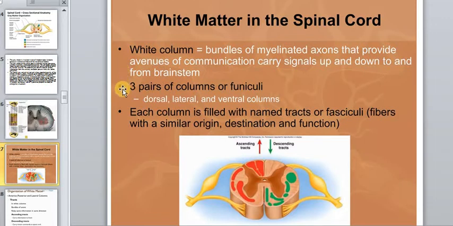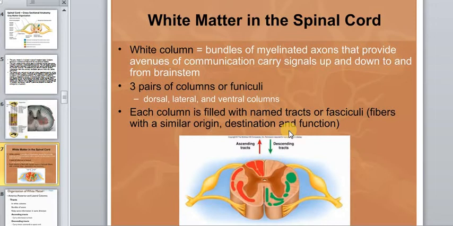We can find three pairs of columns or funiculi: dorsal, lateral and ventral columns, and each column is filled with named tracts or fasciculi, fibers with a similar origin, destination and function. These are processes of neurons, axons covered with myelin that conduct signals.